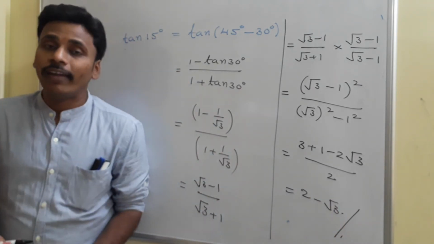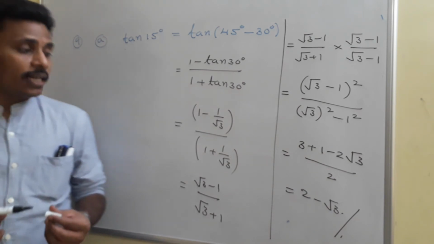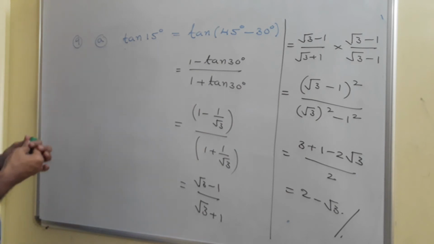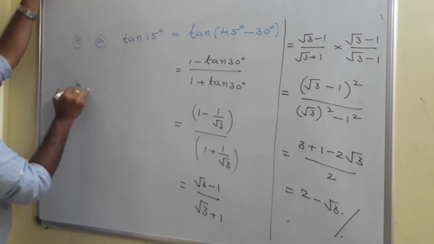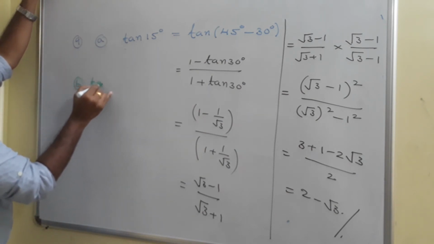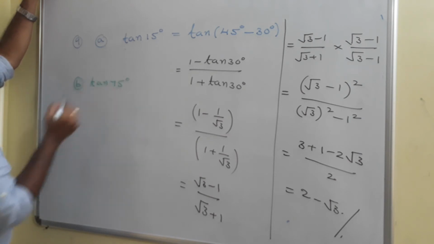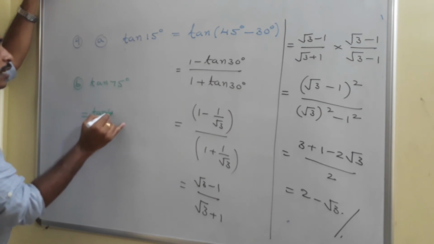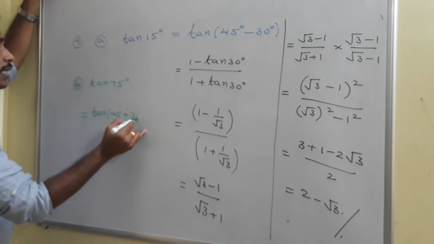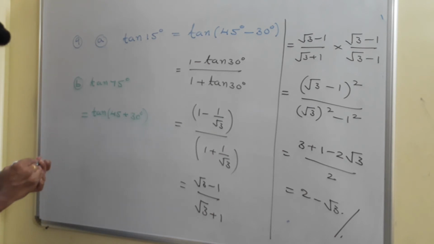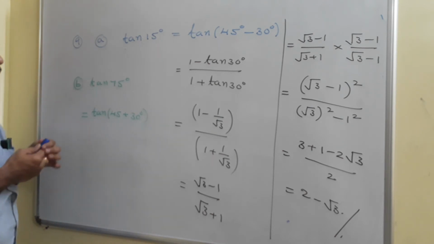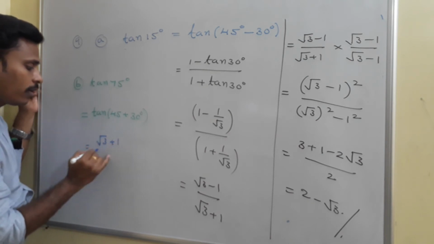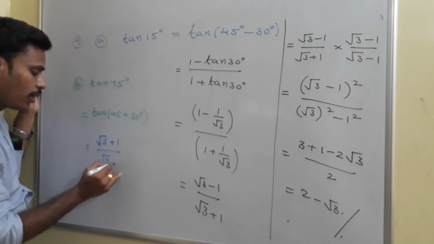So at the end we need to memorize that tan 15 degrees value is 2 minus root 3. Similar to this, if you wish to find tan 75 degrees using the same logic, by writing 75 as 45 plus 30 degrees, and you simplify, you will get root 3 plus 1 divided by root 3 minus 1.